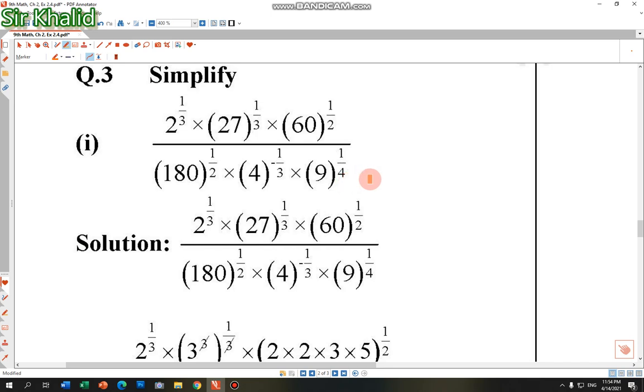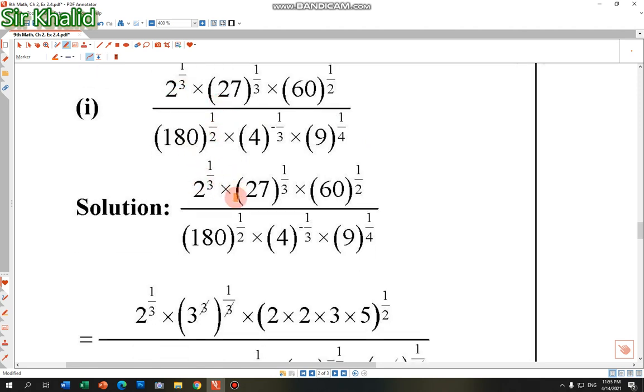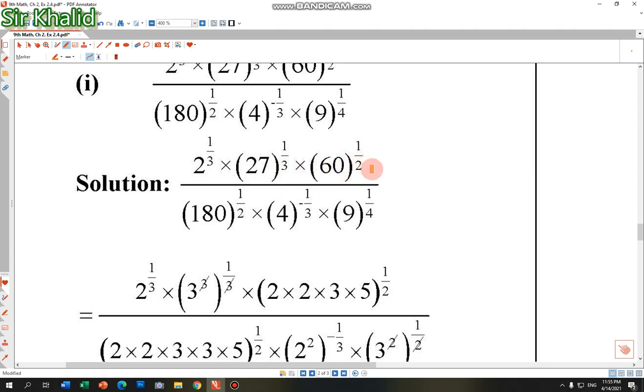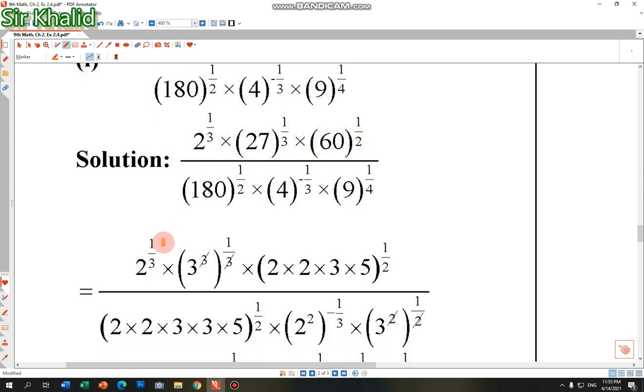This problem is a very important problem, and yesterday I told you that one long question will be definite from this exercise 2.4. Now here 2 power 1 over 3, 27 can be written as 3 cubed, it will give you 1 over 3 here.